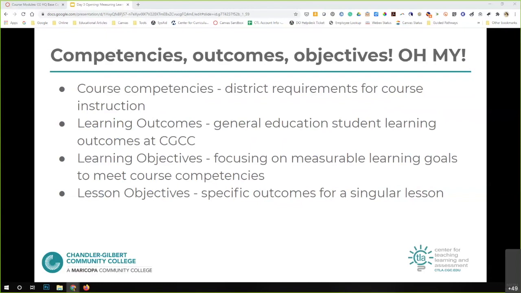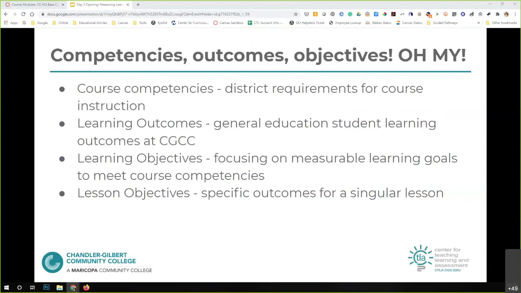Those are examples of our college-wide learning outcomes. And we use those across courses in the same discipline. So we can measure how a group of students are meeting these general, broad learning outcomes that we have for our students at Chandler Gilbert Community College.